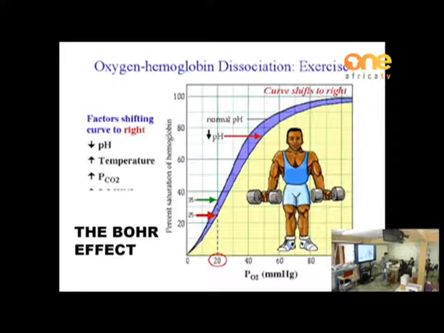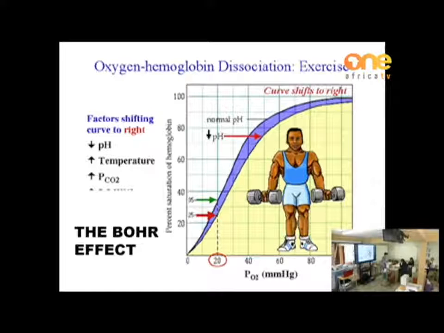The presence of carbon dioxide in respiring tissues increases the dissociation of oxygen from hemoglobin. So more oxygen is released. I want you to understand, dissociation means more released. This is called the Bohr effect. The Bohr effect is the effect of carbon dioxide on the dissociation curve. It moves the dissociation curve to the right.